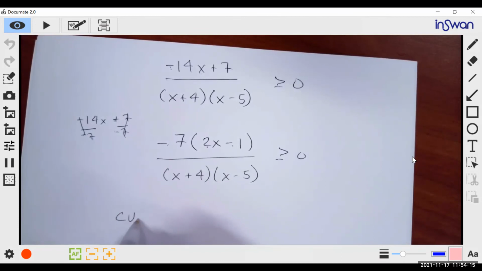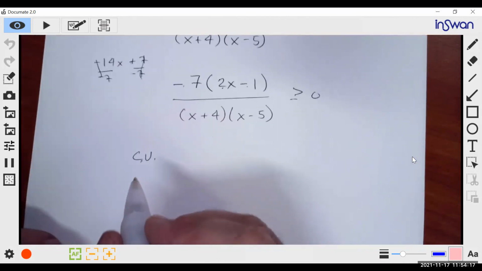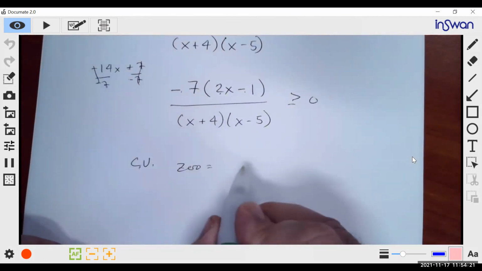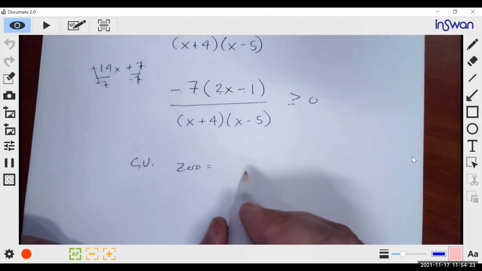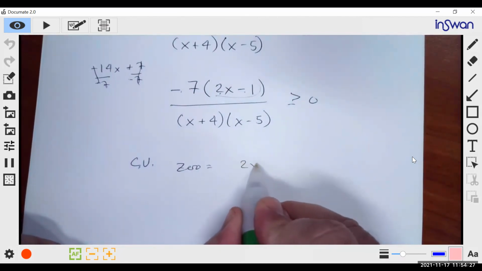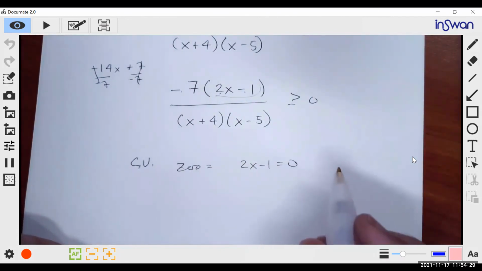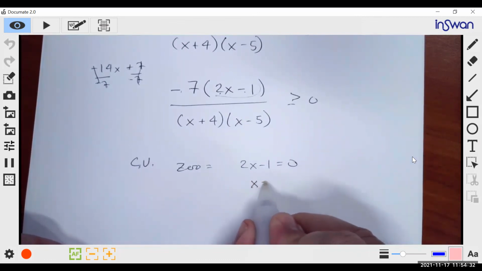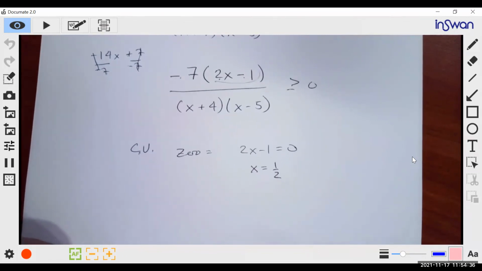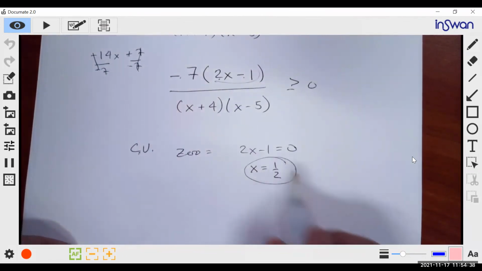My critical values. My 0, or the x-intercept, is at 2x minus 1 equals 0, x equals 1/2. So that's my x-intercept.